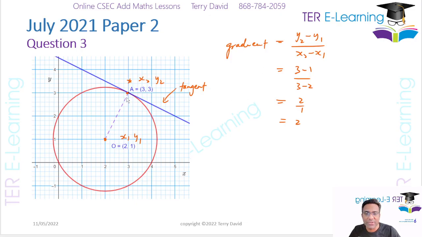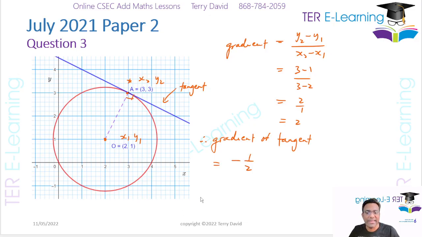But the thing is, your tangent is actually perpendicular to that line, the gradient you just found. So therefore, the gradient of the tangent, because it's perpendicular to the gradient we just found, all we need to do is invert it and put a minus sign. So the gradient of the tangent has to be minus a half.